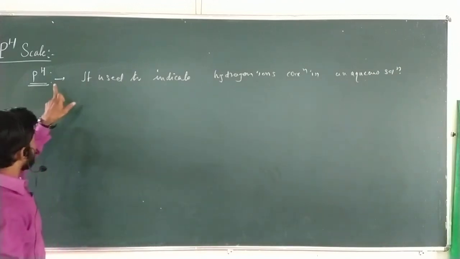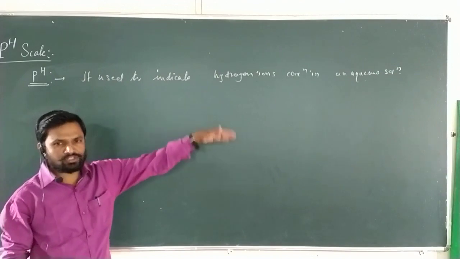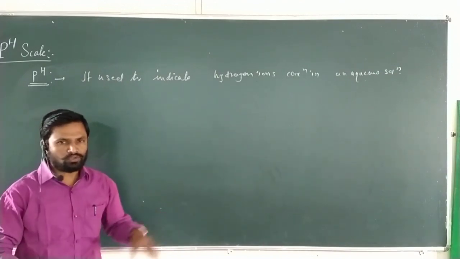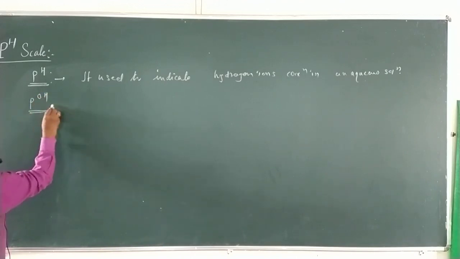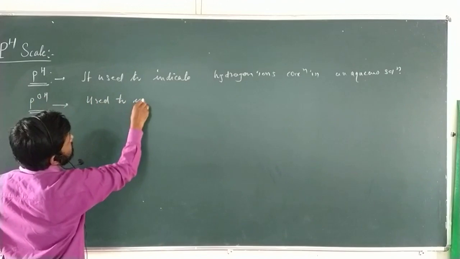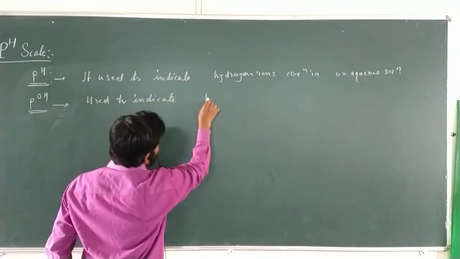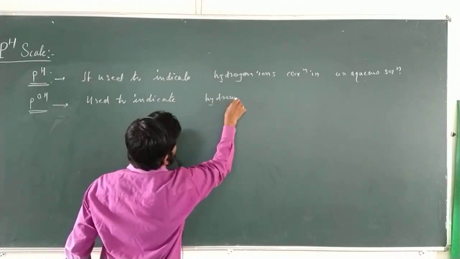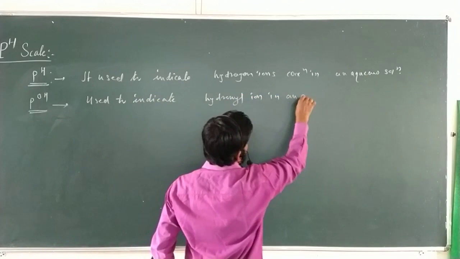The pH is used to indicate hydrogen ion concentration in the solution, and pOH is used to indicate hydroxyl ion concentration in an aqueous solution.